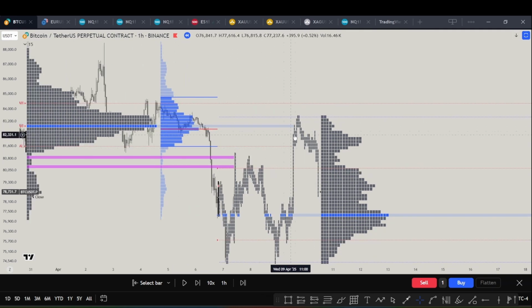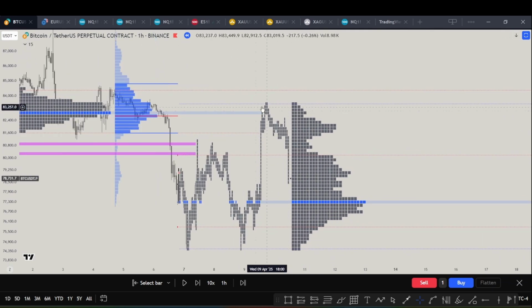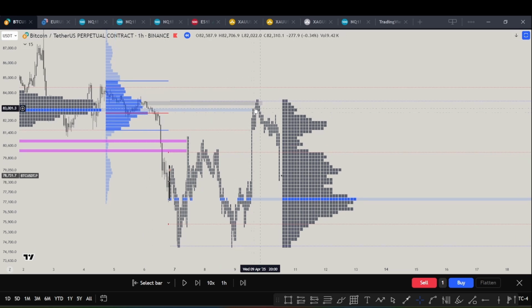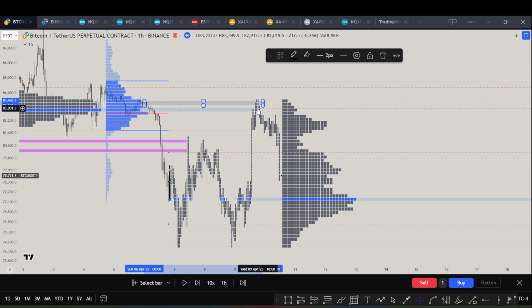So this was the previous profile and POC here, and the rejection was pretty cool. So we got POC plus, if you see, a small POI here that too got disrespected.